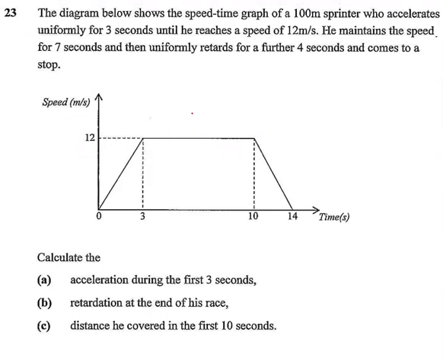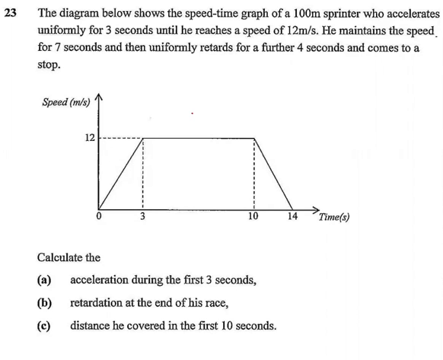Okay, so let's look at this question. That is trivial graphs. And the question reads, the diagram below shows the speed-time graph of a 100-meter sprinter who accelerates uniformly for 3 seconds until he reaches a speed of 12 meters per second.